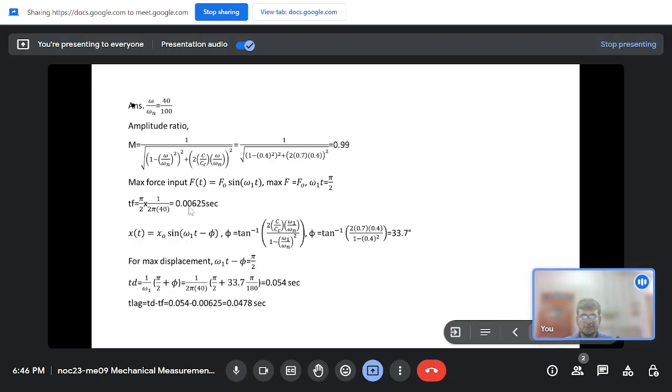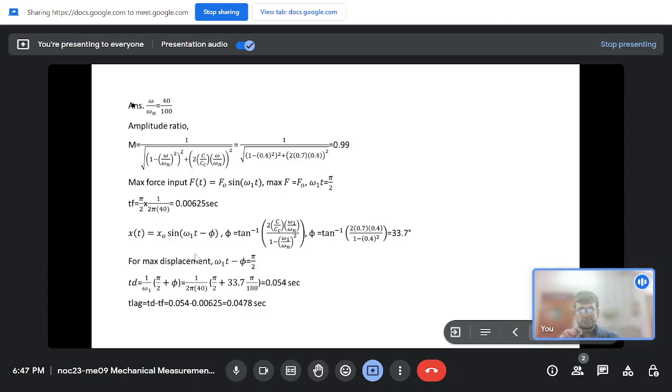This being a sinusoidal function, the force is maximum when sine of omega 1 t is 1. From there we find the time, and in the same way we find it for displacement. For displacement, this being an output, we will also have a phase lag. We find the phase lag from the second order expression, substitute it, and find the time, and then the difference between them will give you the time lag.